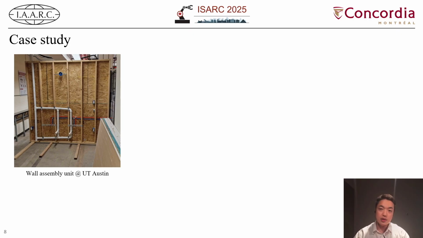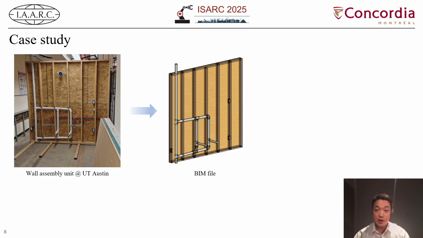To demonstrate how this framework can support robot disassembly planning, a small-scale experiment was conducted using an exposed residential wall assembly unit in the basement of UT Austin. A BIM file that replicates the wall assembly unit was developed by the authors with an approximate level of detail 300, providing detailed information about each component's size, shape, location, and material types.